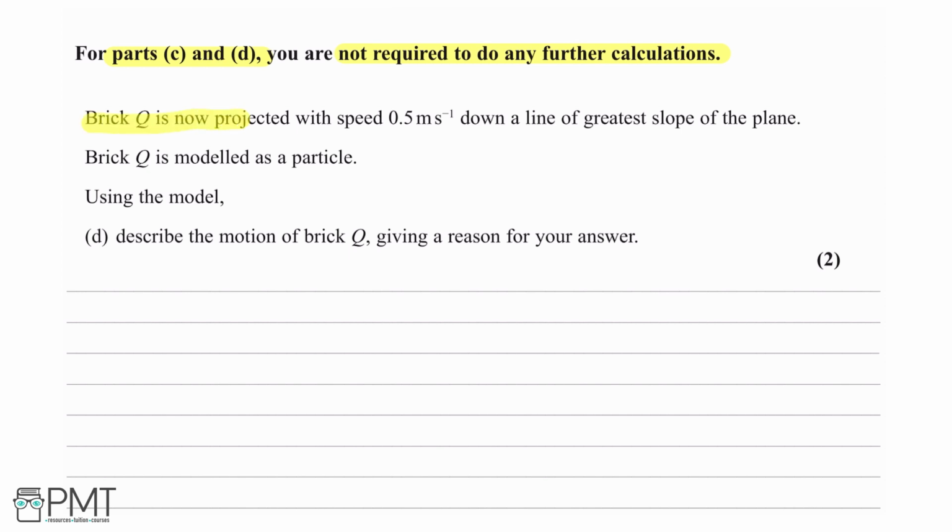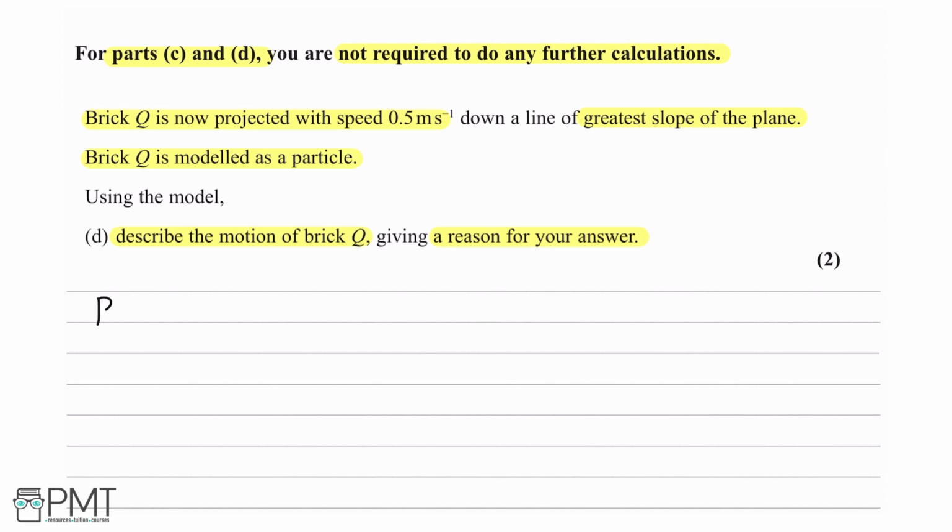Brick Q is now projected with a speed of 0.5 meters per second down a line of greatest slope of the plane, so this just means it is going down the plane. Brick Q is modeled as a particle. Using the model, we need to describe the motion of brick Q, and we need to give a reason for our answer for 2 marks. So previously, we were told brick Q is in equilibrium.